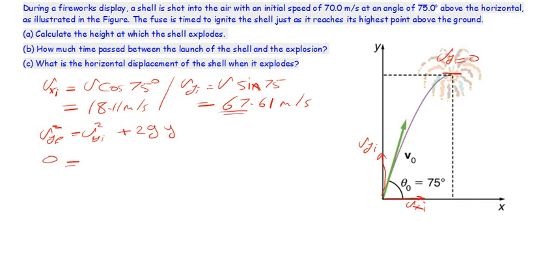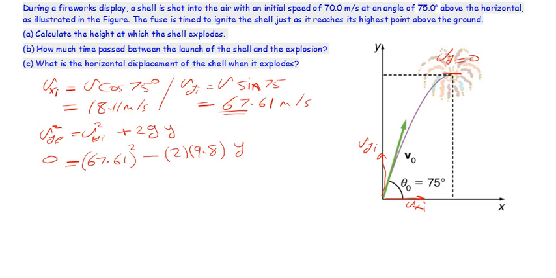It's going to be 67.61, all squared, minus, because of the gravity acceleration, 2 multiplied by 9.8, and the height we need to work out.